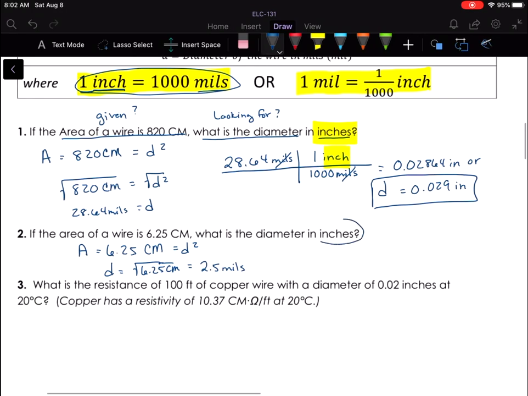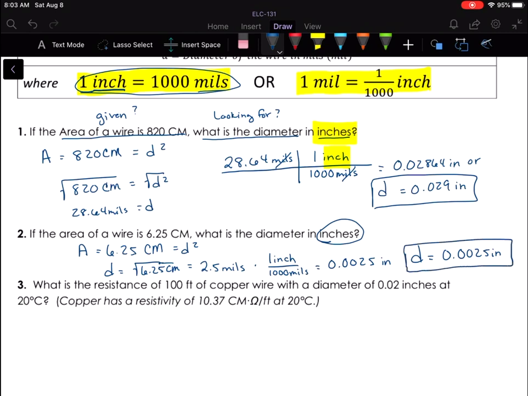Again, we are asked for inches, so 1 inch over 1,000 mils. So the diameter is 0.0025 inches. And notice when I finish working a problem, I'm going to box it at the end to make sure that we see that that is indeed the answer.